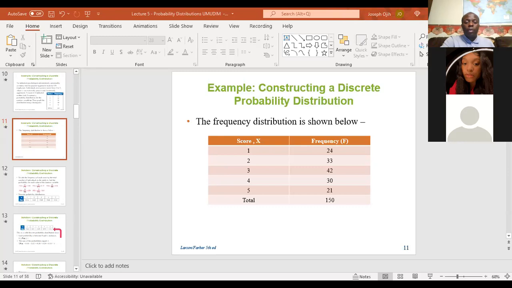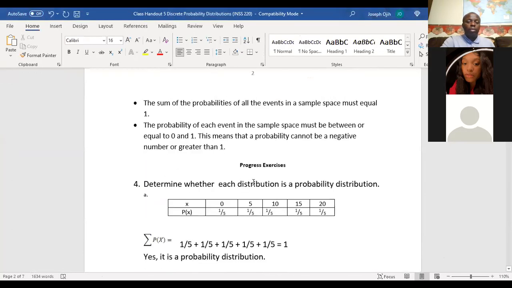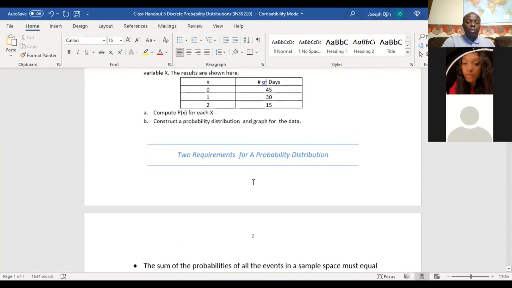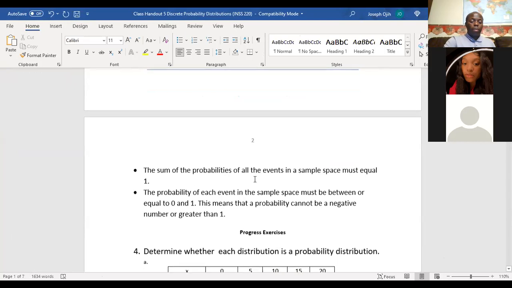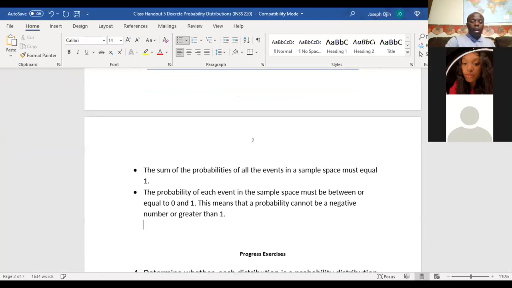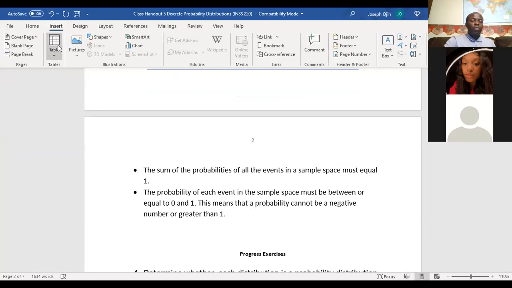Let me take you to our workbook so we can complete this. So we come here to construct it, and have this score. I'm going to put it together with 3 columns.